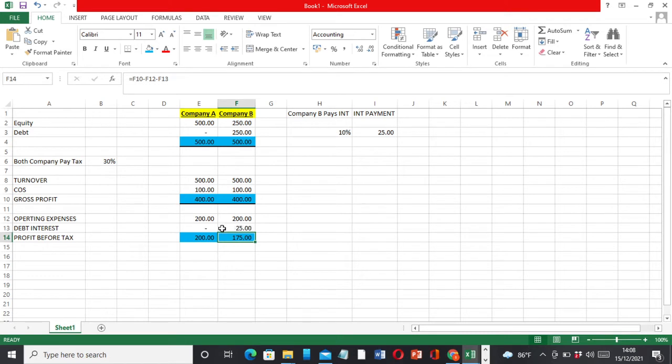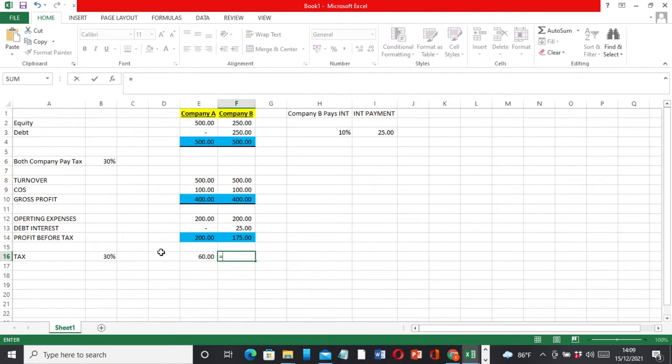But let me go even further down the statement. So we also have tax. How much are we paying? 30%. So let's get the tax figures, right? 200 times 30%, that's 60.